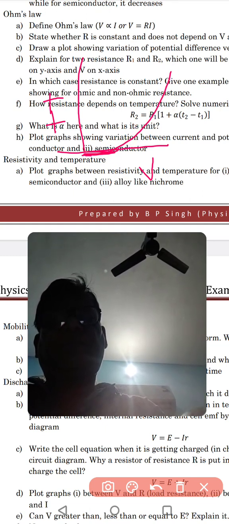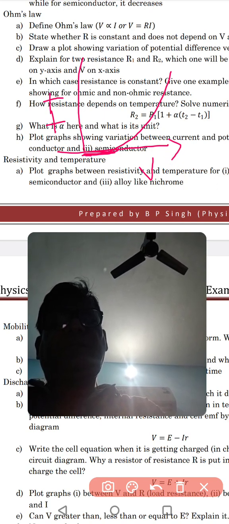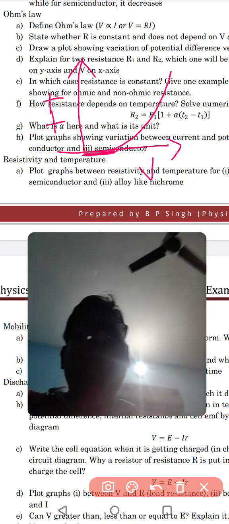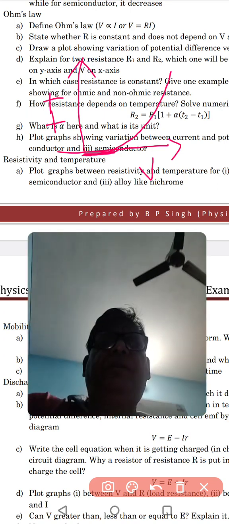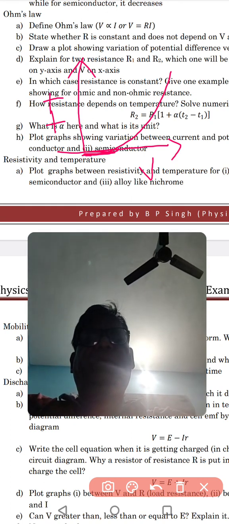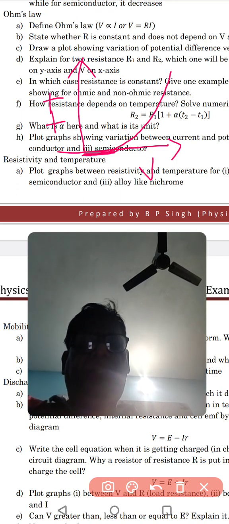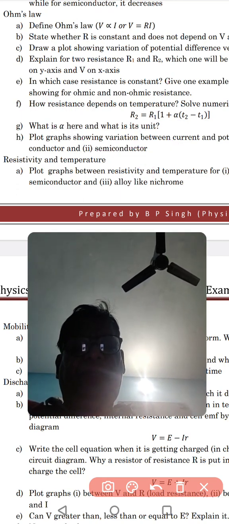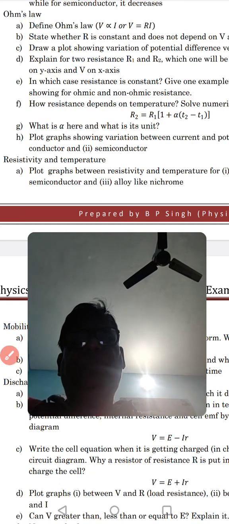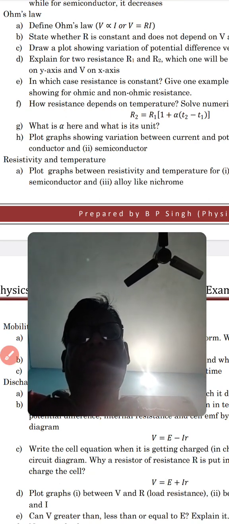This is cut-in voltage and variation forward voltage and current in milliampere. So this is the graph between I and V for semiconductor. And for conductor, a small value of resistance, it is a straight line passing through origin.